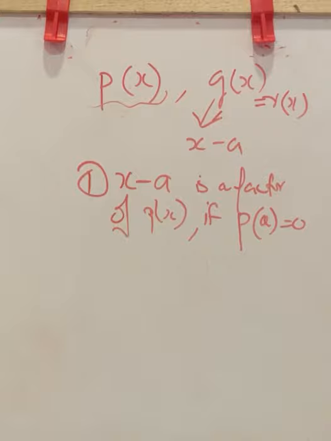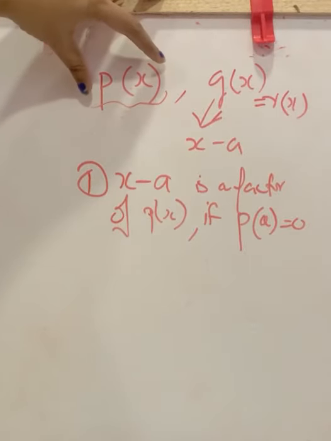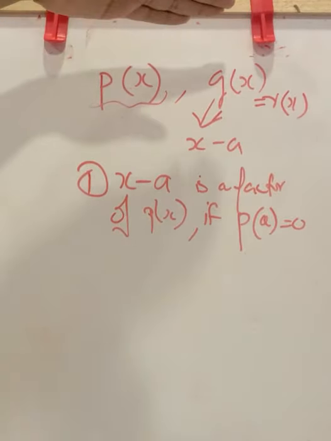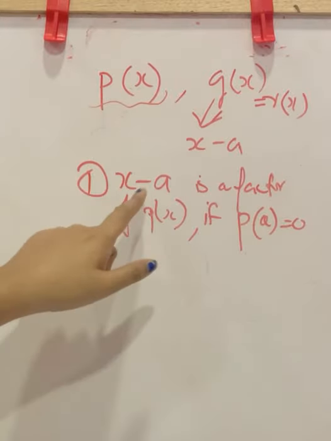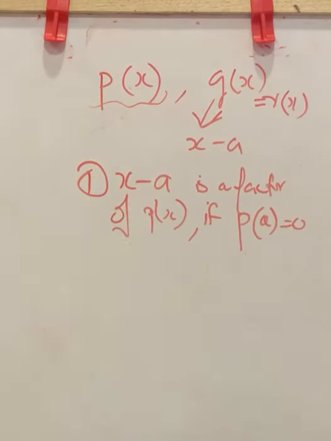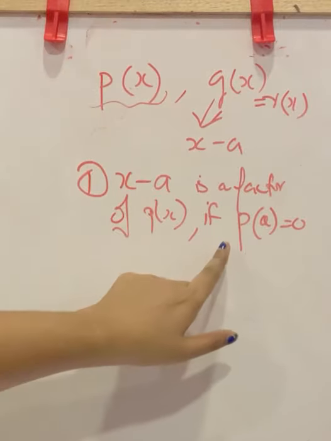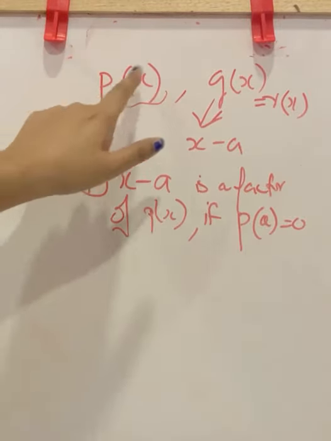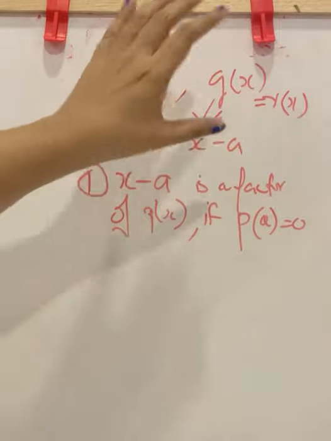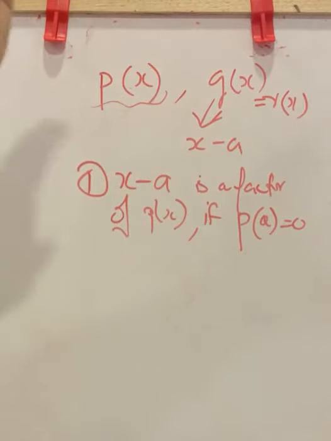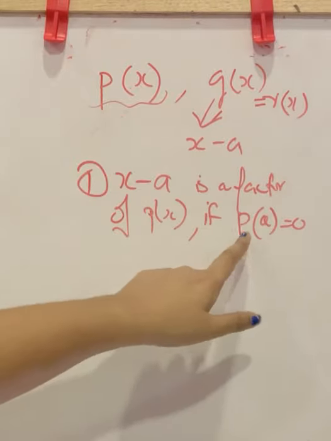Here we have a polynomial p of x, and we are dividing with g of x, let it be x minus a. If it is a factor of this polynomial, then the remainder, we can find by the long division method, but in the remainder theorem, we are just finding the remainder with the p of a method.